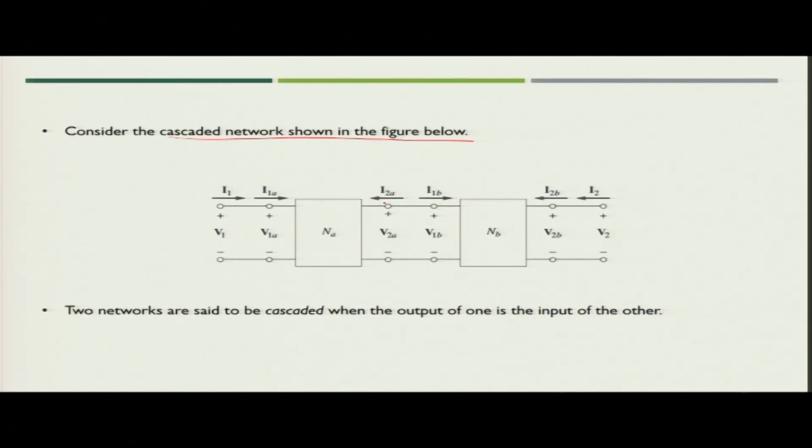Now, I2A, which is the output of network A, will be given as input, which is I1B, to network B. So, from this we can say that V2A is nothing but V1B, and I2A is equal to minus I1B.